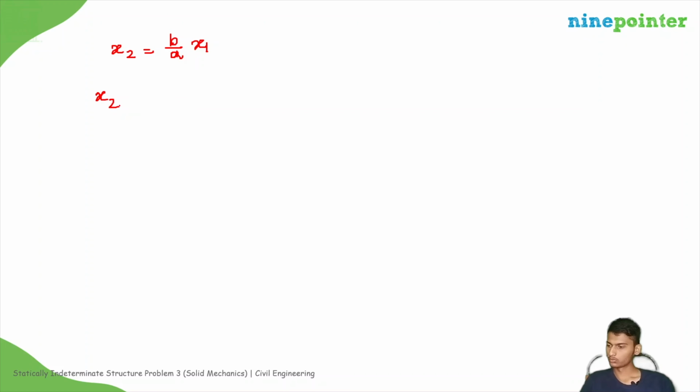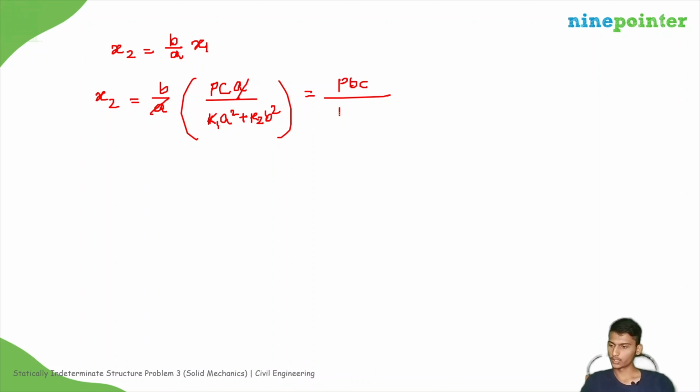So x2 will be B by A into PC into A divided by K1 A square plus K2 B square. So A gets cancelled. That will give us PBC divided by K1 A square plus K2 B square. This is x2.